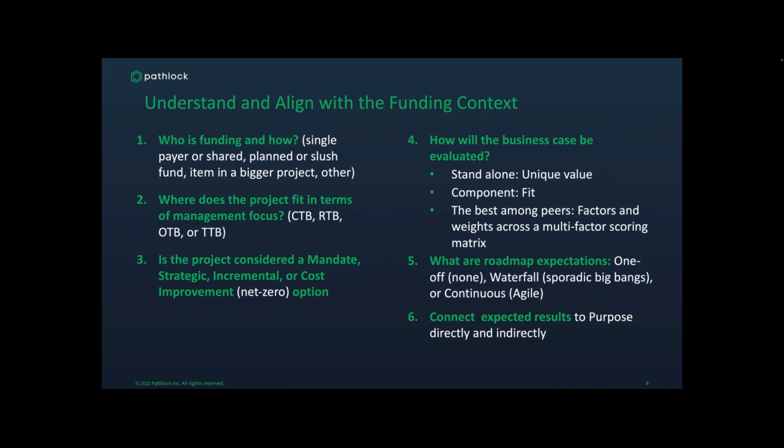Whether it's a standalone initiative or whether it's part of a larger initiative, inevitably your proposal, your recommendation will be evaluated against peers, not just at the project versus project level, but also at the implementation option level.